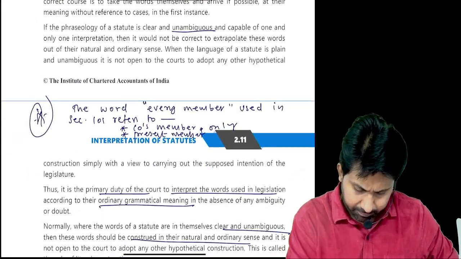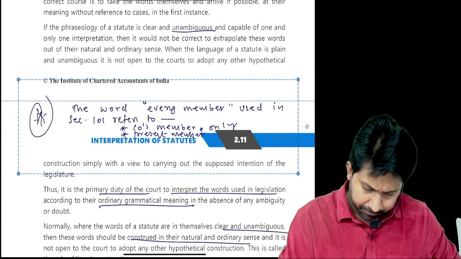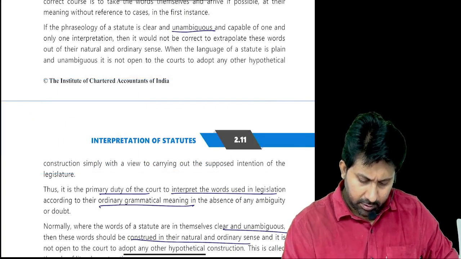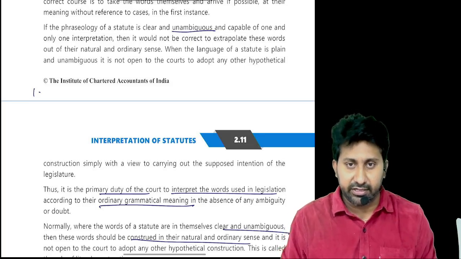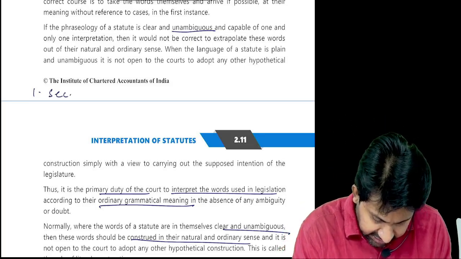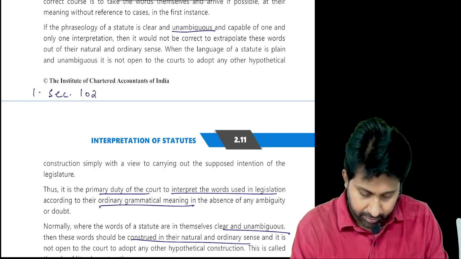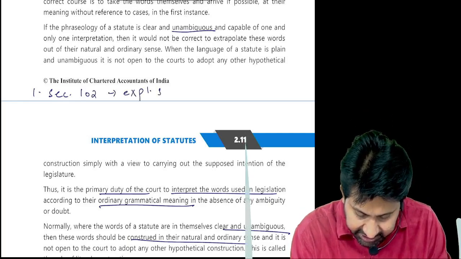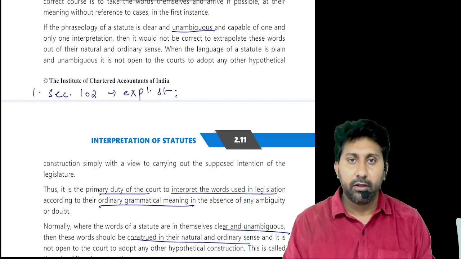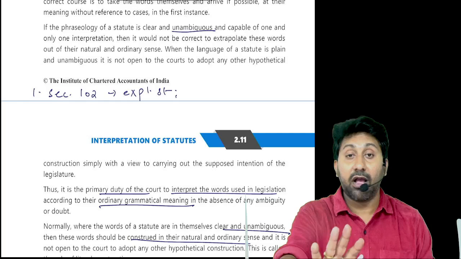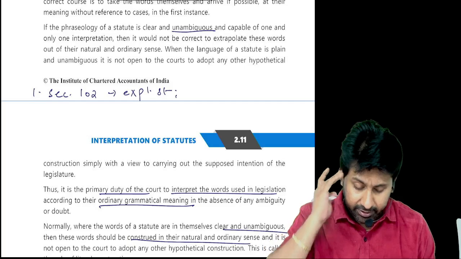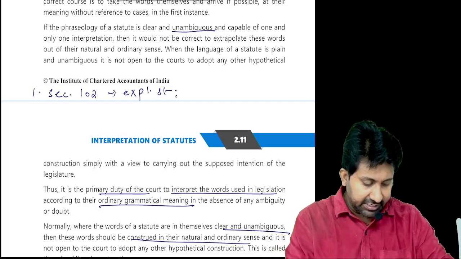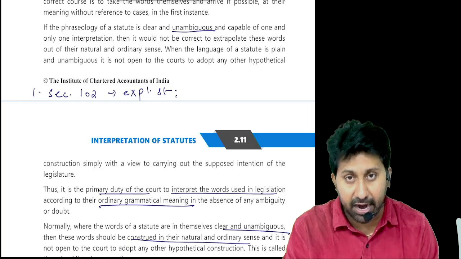See here. Number 1. As per section 102, explanatory statement has to be given. I am not going to explain about the explanatory statement; we made elaborate discussions in the class. Section 102 says explanatory statement is mandatory.